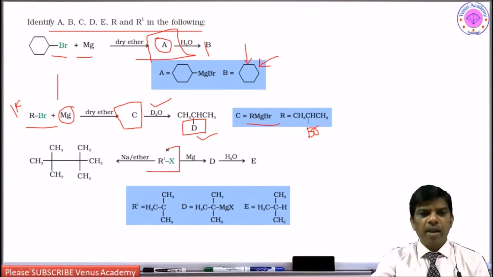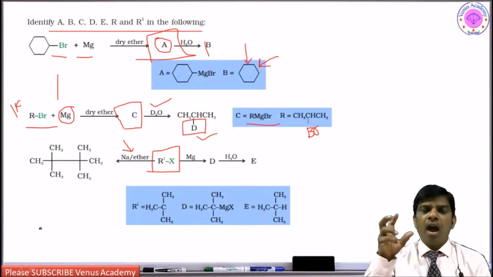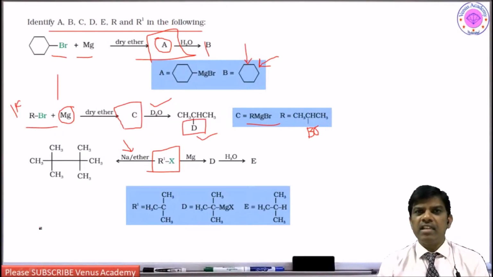This is R prime X. When you treat it with sodium in ether, what is the reaction? Wurtz-Fittig reaction; Wurtz reaction, you are going to get an alkane. In 2020 NEET it was asked: is it easy to make odd number carbon containing alkanes by Wurtz reaction? No, because it is going to form a dimer.